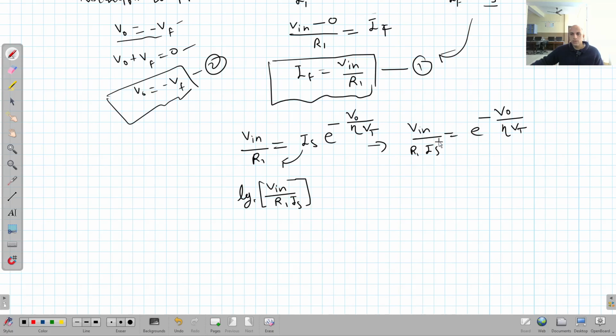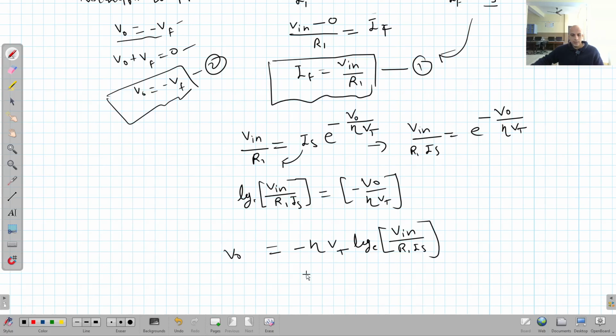Now it is more symmetrical. Now we can take log here, then it becomes ln of V in upon R1 IS is equal to minus V output upon eta Vt. So if I further simplify it, then V output is equal to minus eta Vt natural log of V input upon R1 IS, right? So this is the expression for the output of this circuit.